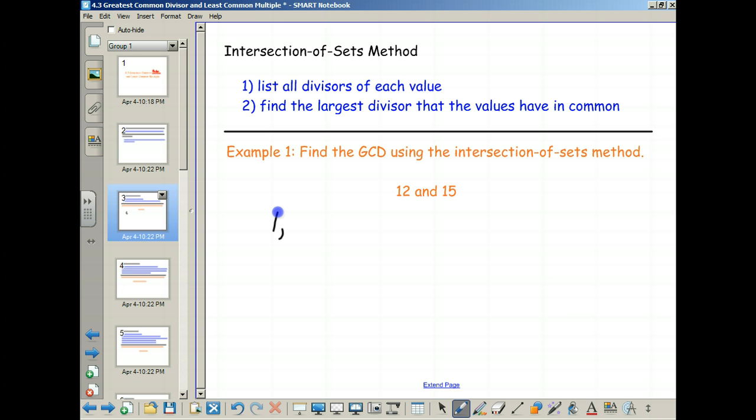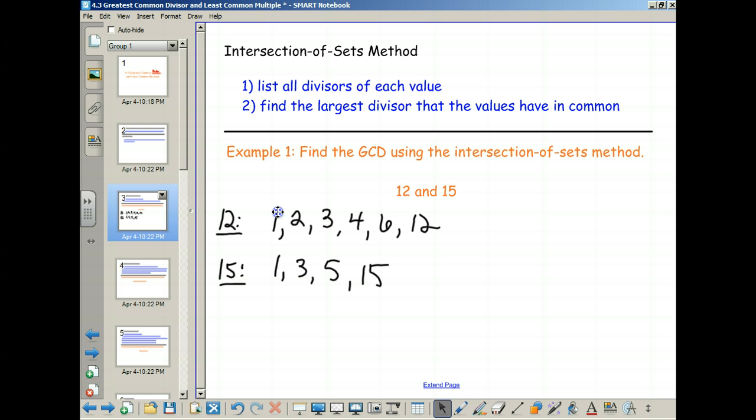Well, I've got 1 and then what? 2, 3, 4, 6, and then 12. Okay, so this is the number 12. How about 15? 1? Okay. And the biggest number that's common in both lists is?